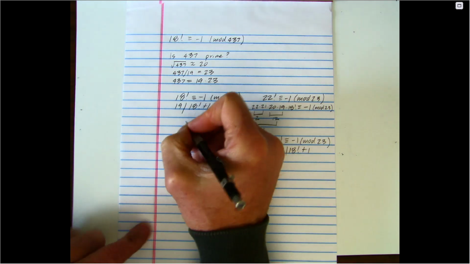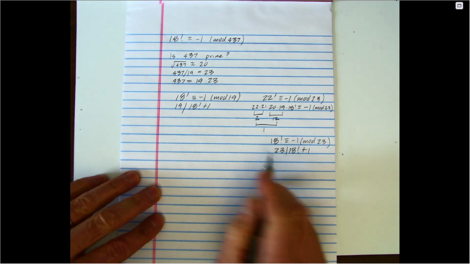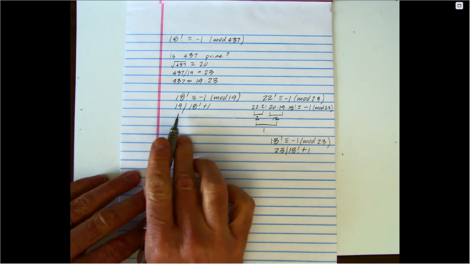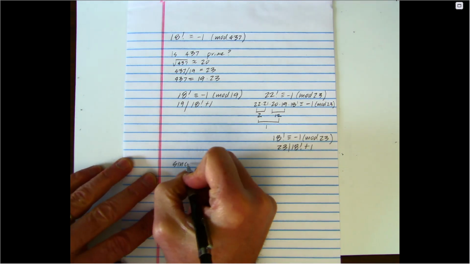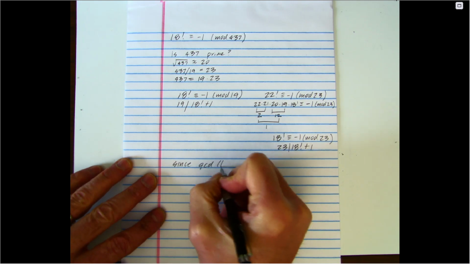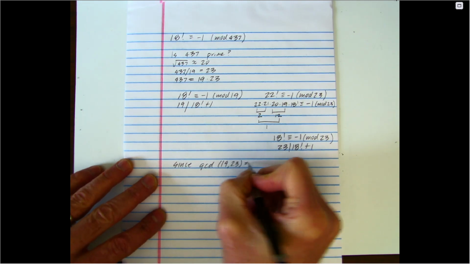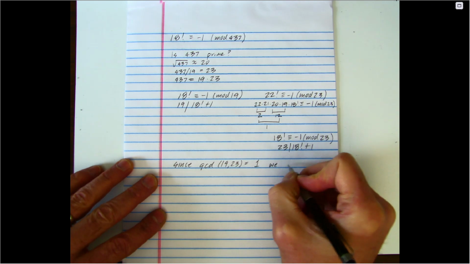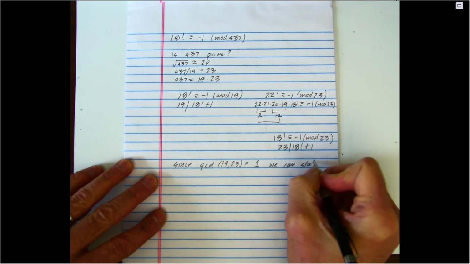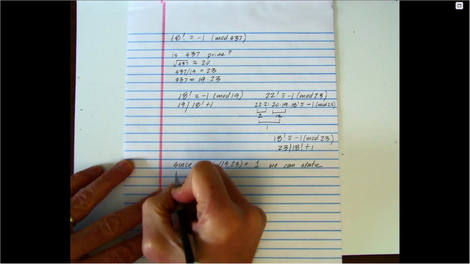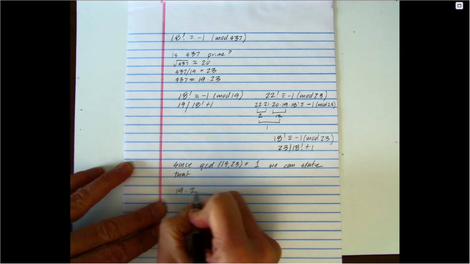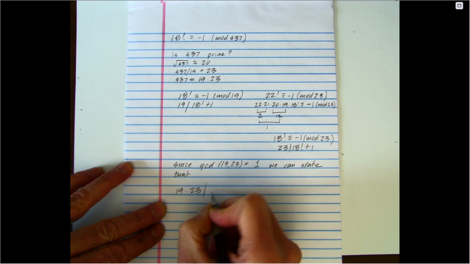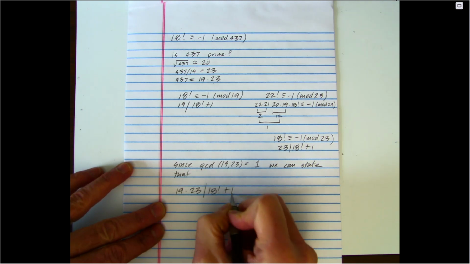So 19 and 23 both divide 18 factorial plus 1, and since the GCD of 19 and 23 is equal to 1, we can state that 19 times 23 divides 18 factorial plus 1.